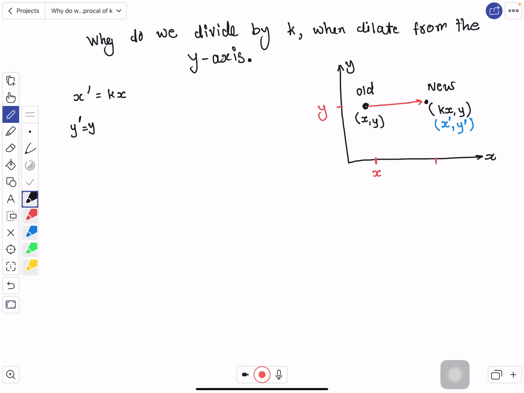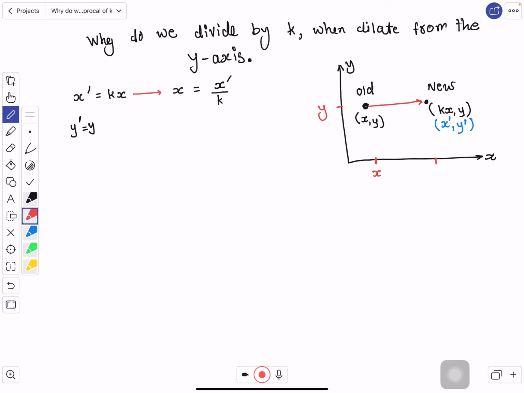So if I solve this for x, I get x equals x dash divided by k.